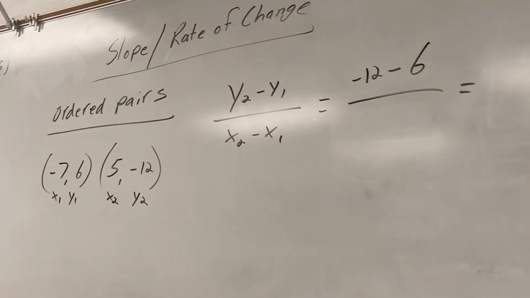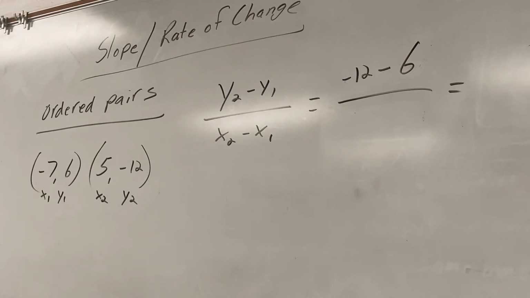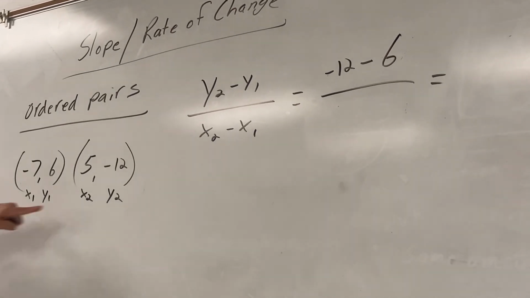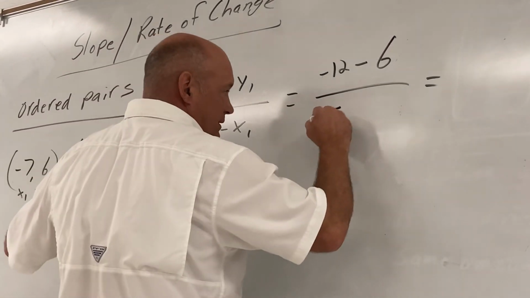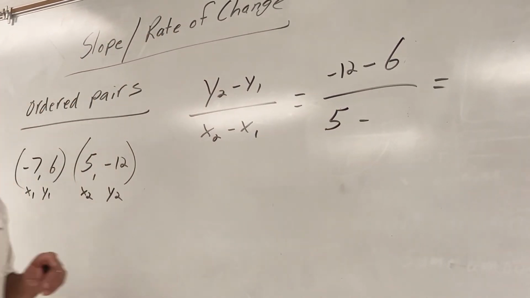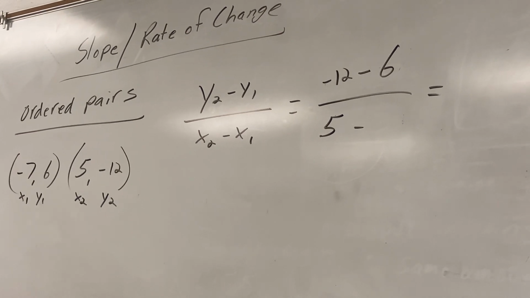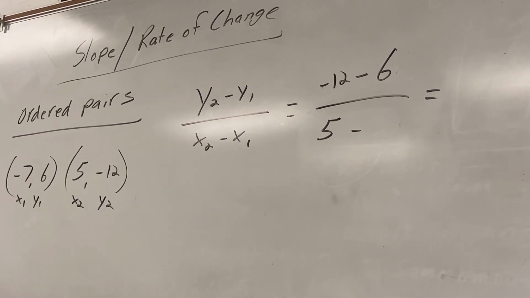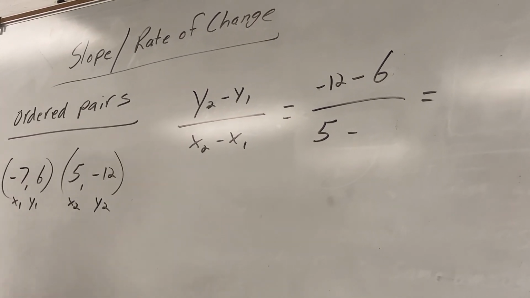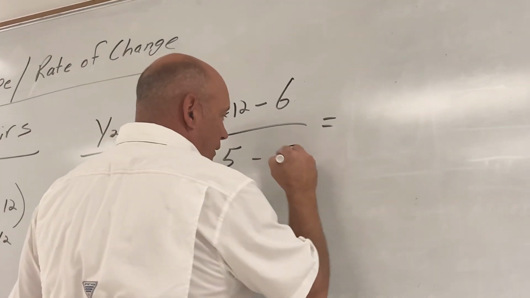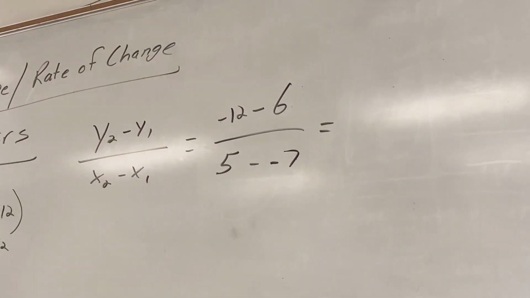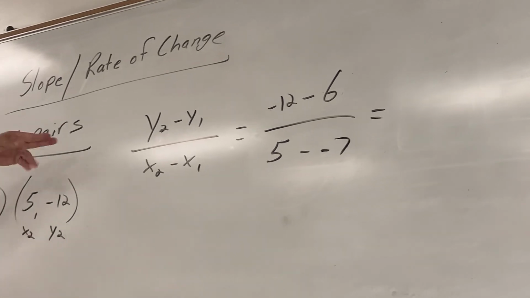What's x2? Madison. 5. Minus, what's x1? Let's go with Joseph. Negative 7. Questions so far?